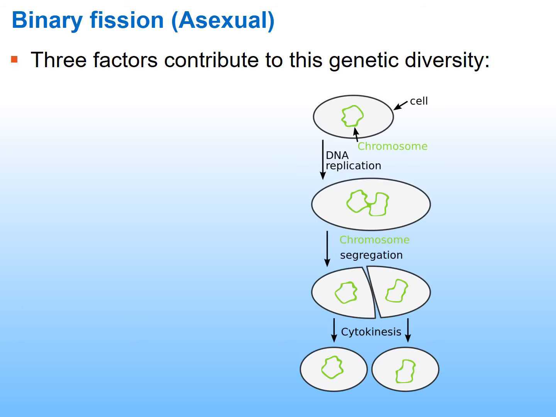In terms of genetic diversity, even though many prokaryotes undergo asexual reproduction, remember the difference between sexual and asexual reproduction. Sexual involves two different organisms, and the offspring are usually genetically different from the parents.